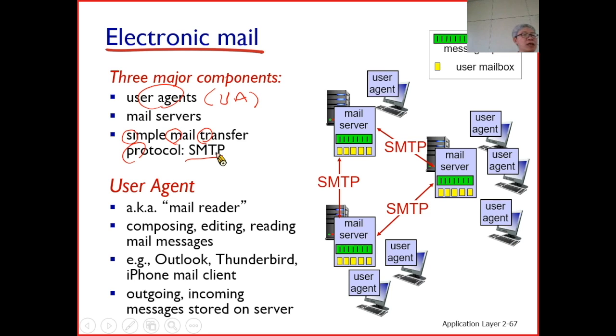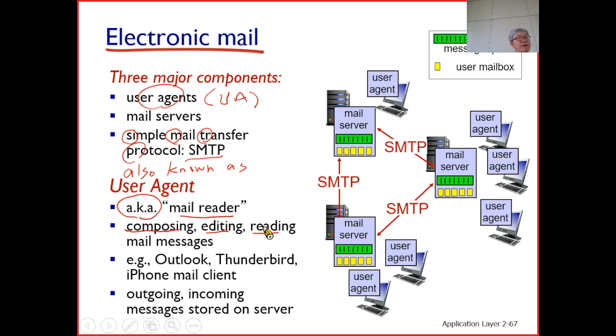Well, user agent, I think you have heard this term, but let's check it. This one is also known as a mail reader. If you use a mail reader, then you can compose, edit, and read messages.